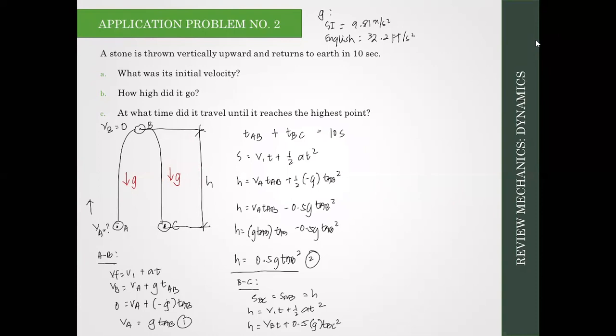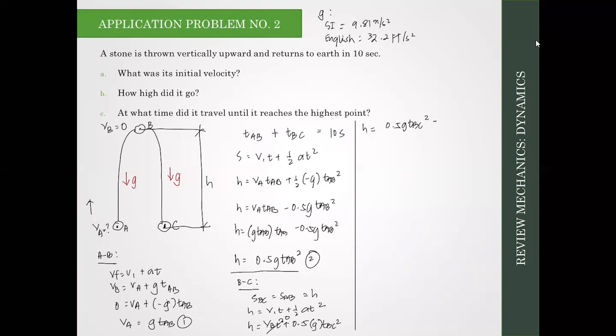Then when we simplify, ang VB natin is, again, 0, so wala na ito. H is equals to 0.5 G TBC squared.